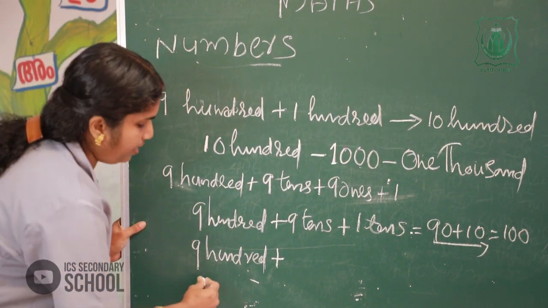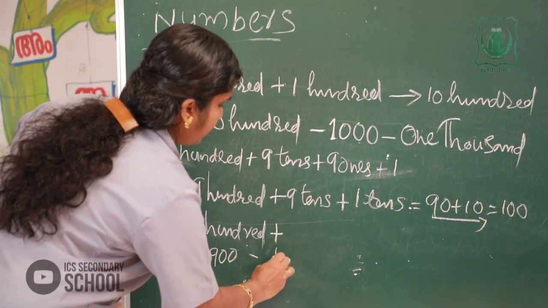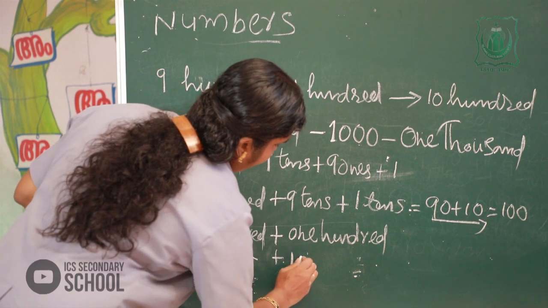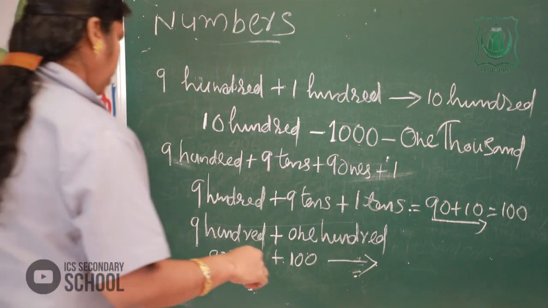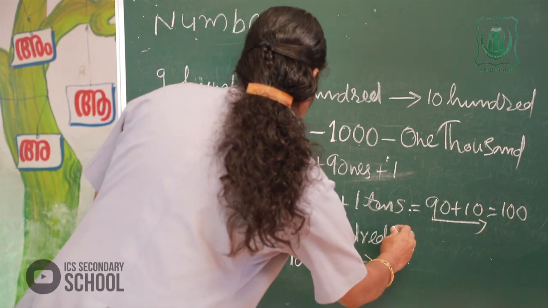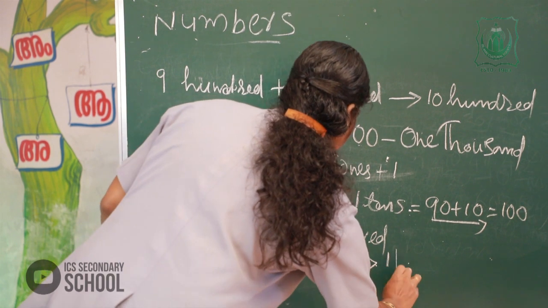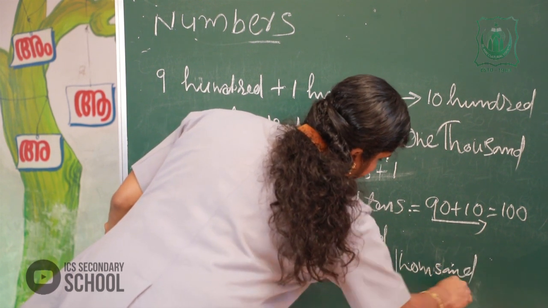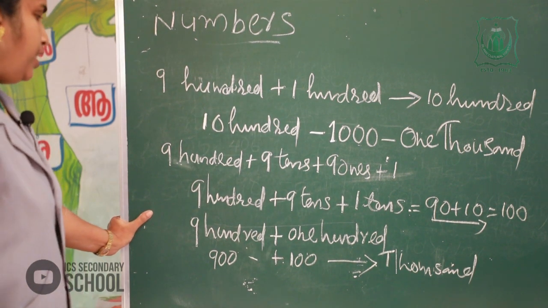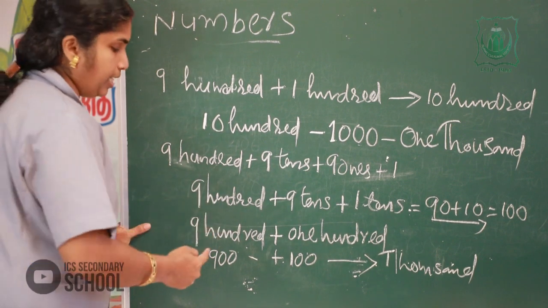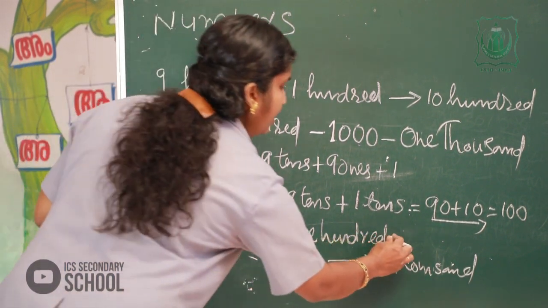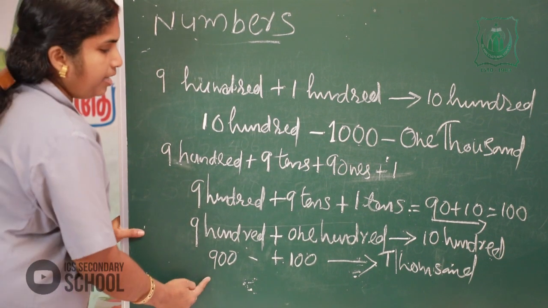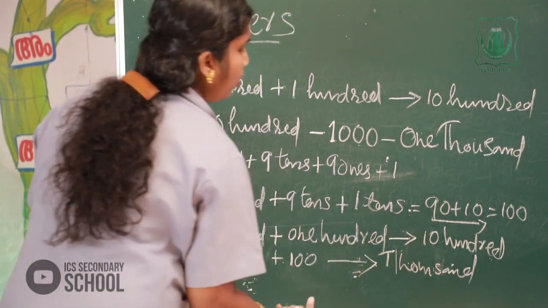So 900 plus 100 gives 1000. 9 plus 1 is 10, so 900 plus 100 gives 1000.